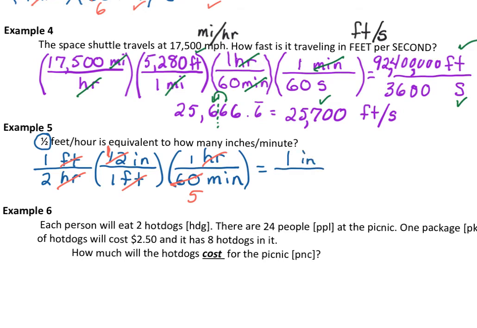And in the denominator, I have 2 times 1 is 2, times 5 is 10 minutes. Okay, so I'm going 1/10 inch per minute. This could also be written 0.1, because that's 1/10 inch per minute, which makes perfect sense mathematically.